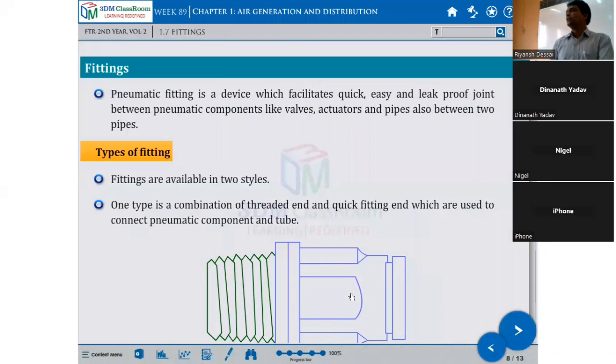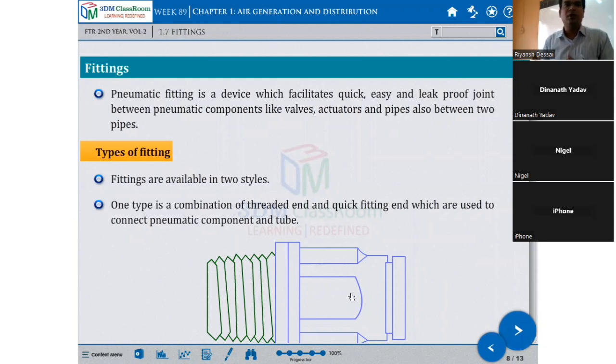Now up to here it should be clear: pneumatic system, compressor, dryer, conductors. Now see what the fittings are. What are the different fittings used in the pneumatic system? The pneumatic fitting is a device which facilitates a quick, easy, leak-proof joint between pneumatic components like valves, actuators, and pipes, and also between two pipes.